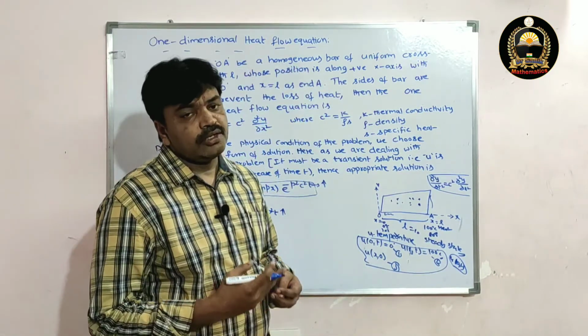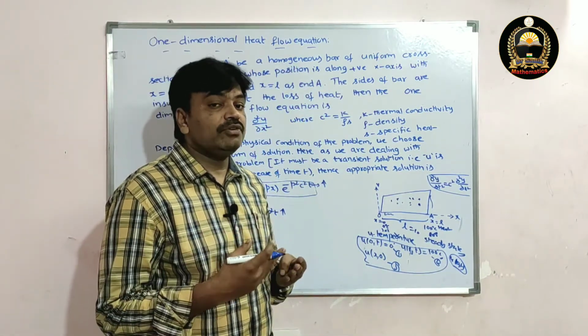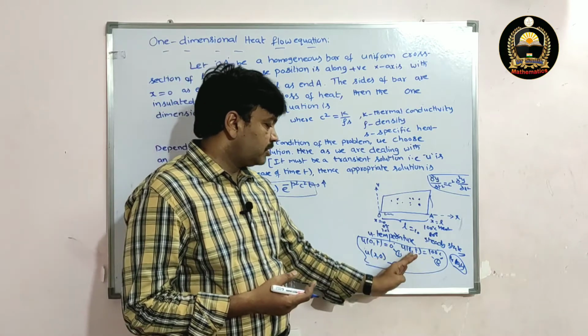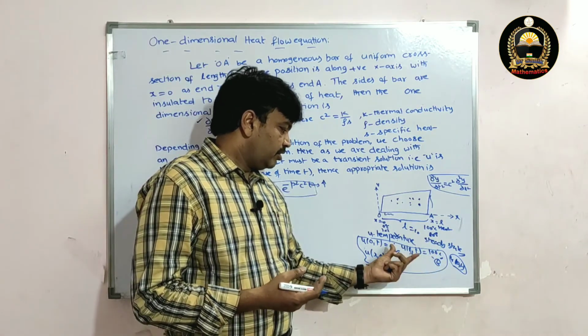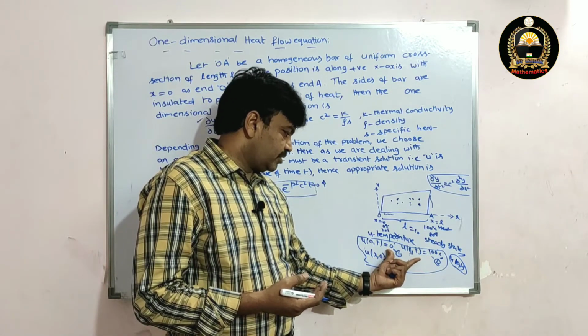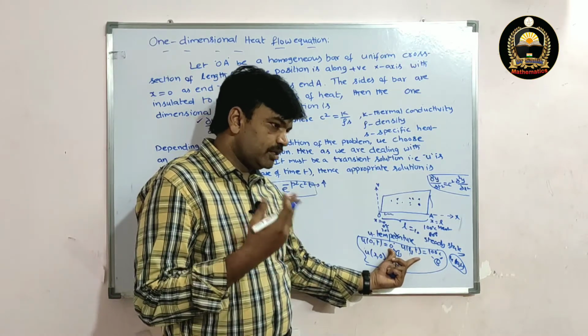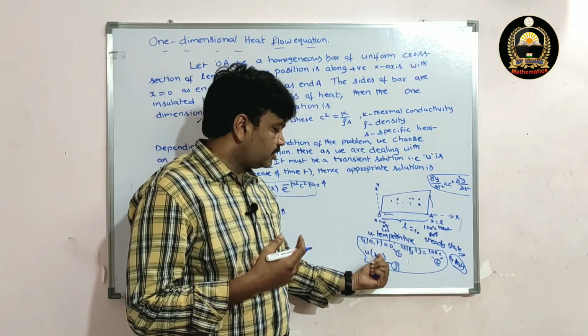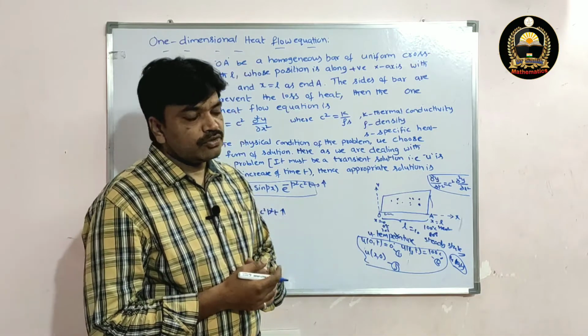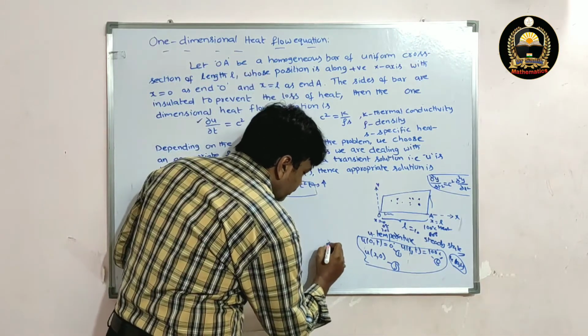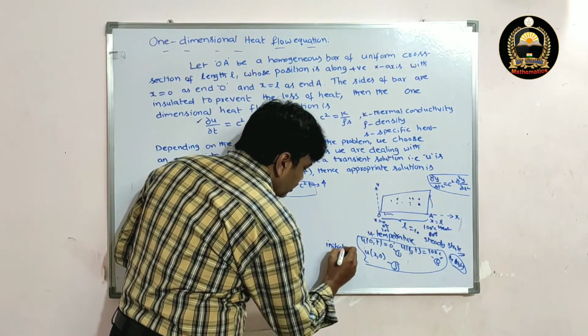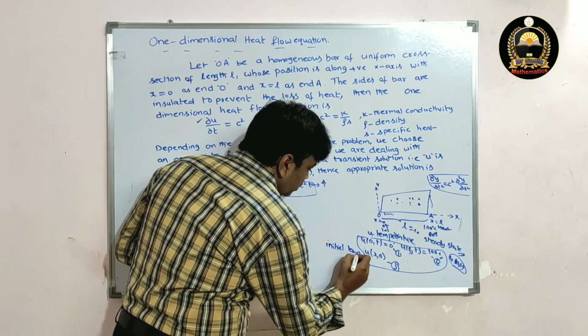If it is 20, u of 20 comma t. If it is 50, u of 50 comma t. We must know these two conditions, and also another condition, u of x comma 0, which is the initial temperature.